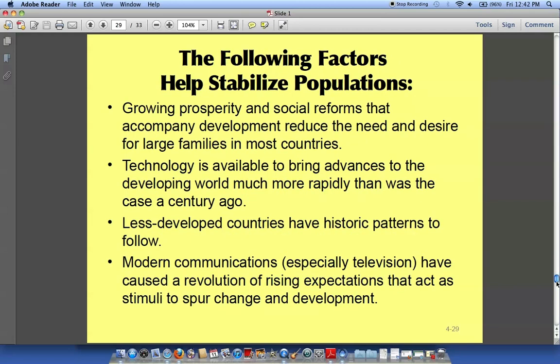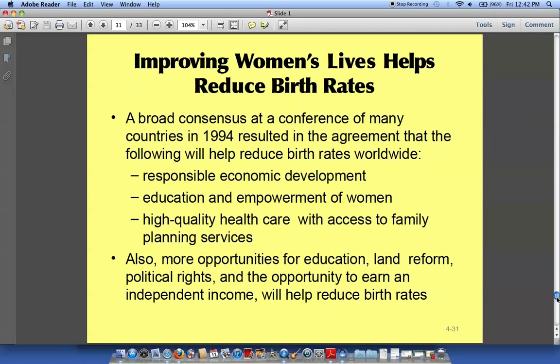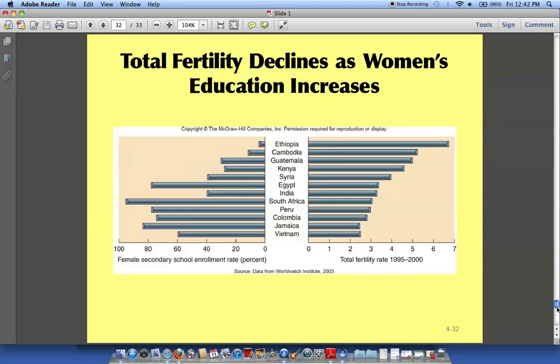I think you just need to basically read through this chapter, get an idea of what some issues are with population growth and these kinds of things. Birth control. A very interesting statement: fertility declines as women's education increases.